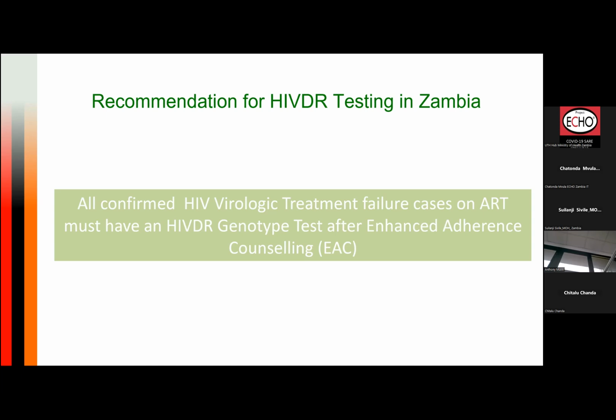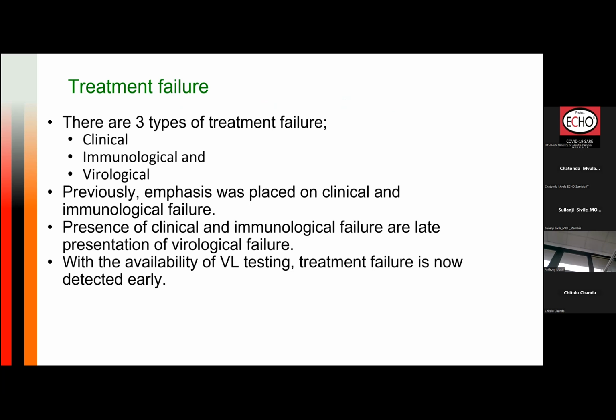So we are saying all confirmed HIV virological treatment failure cases on ART must have a genotype HIV drug resistance test done after enhanced adherence counselling. So please remember this. And there are 3 types of treatment failure.